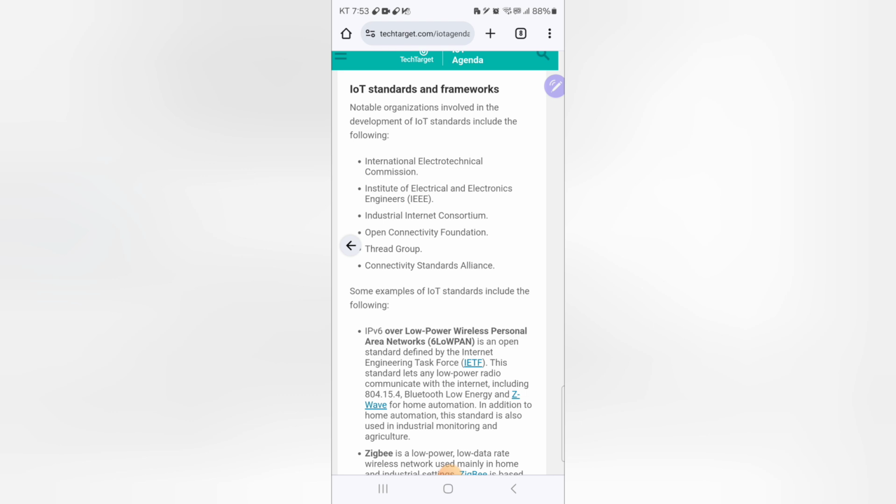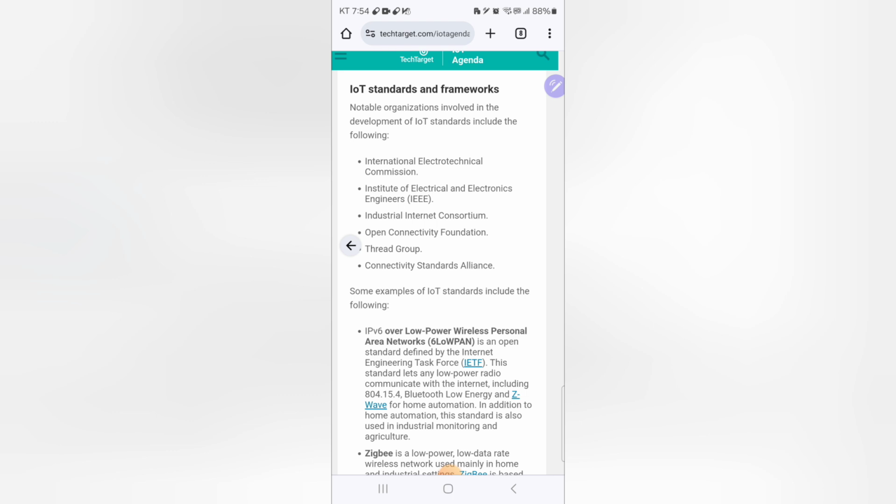Notable organizations involved in the development of IoT standards include the following: International Electrotechnical Commission, IEC, Institute of Electrical and Electronics Engineers, IEEE, Industrial Internet Consortium, Open Connectivity Foundation, Thread Group, Connectivity Standards Alliance.